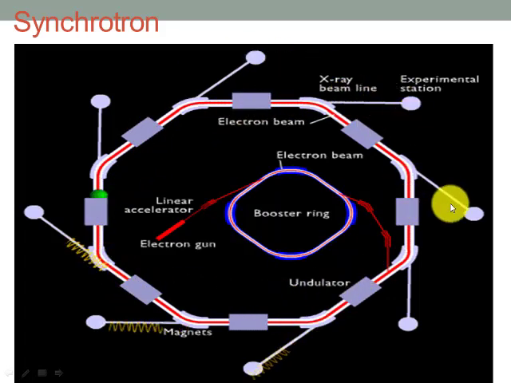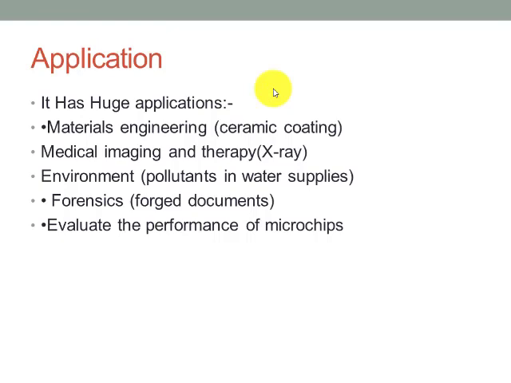These dots and lines are the experimental stations. After each magnet, the particle bends and provides photons, and these photons are utilized to study the different experiments.